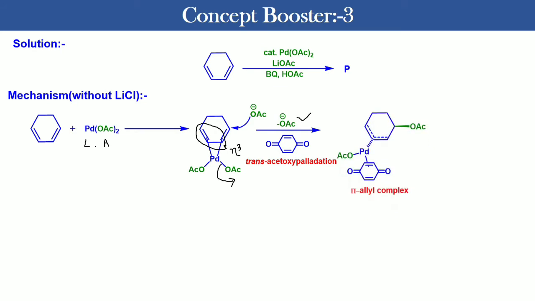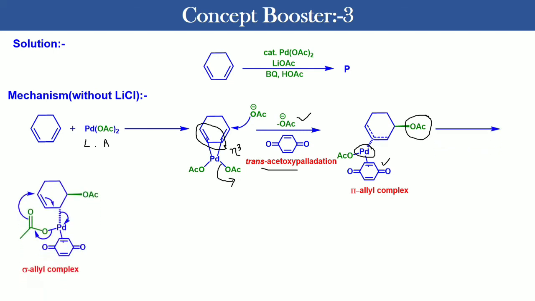As a result, a pi allyl complex is formed, where the palladium center is ligated by benzoquinone. This step is also known as trans-diacetoxylation because the acetoxy group and the palladium are anti to each other. Coordination of benzoquinone to the palladium center dramatically increases the reactivity, and it is converted to a sigma allyl complex where palladium has an acetate group, and it undergoes cis migration.